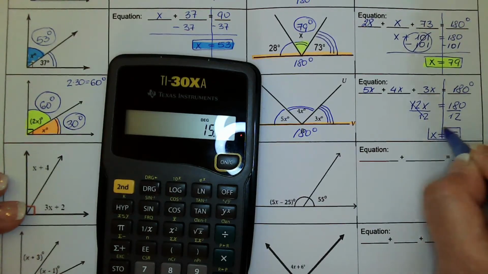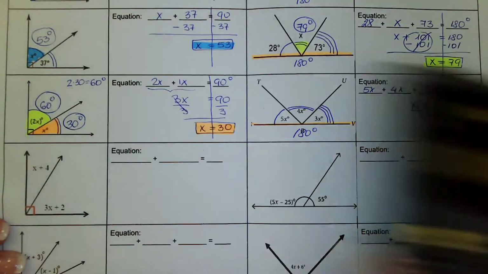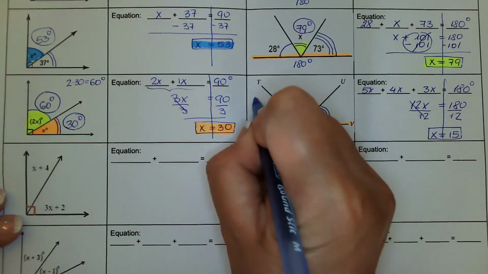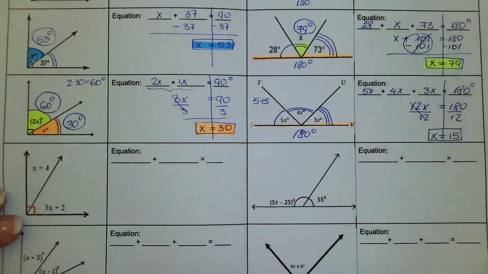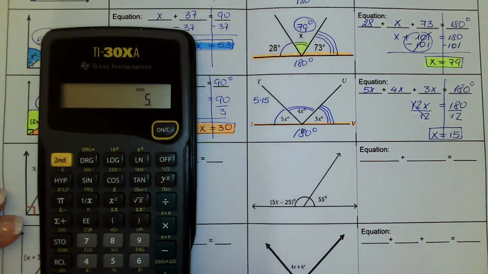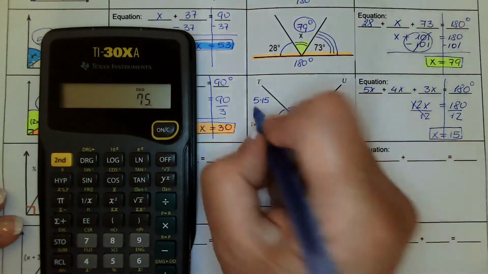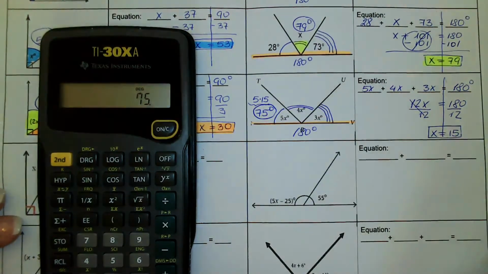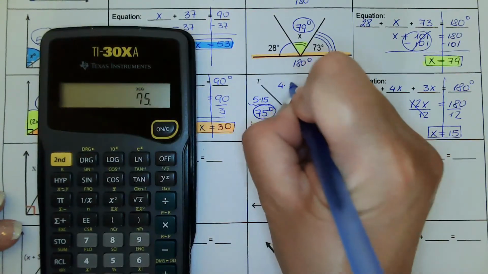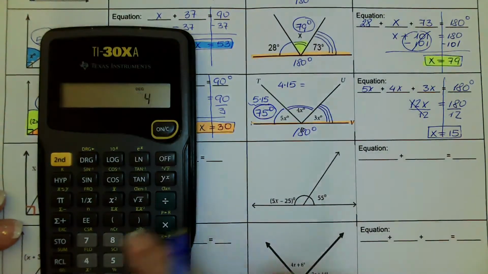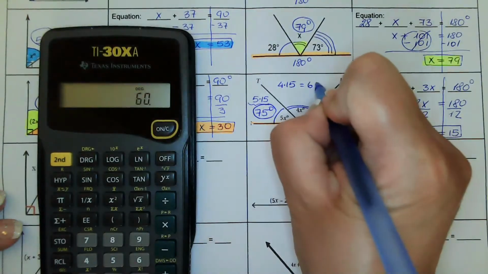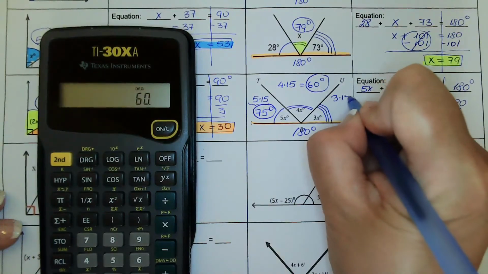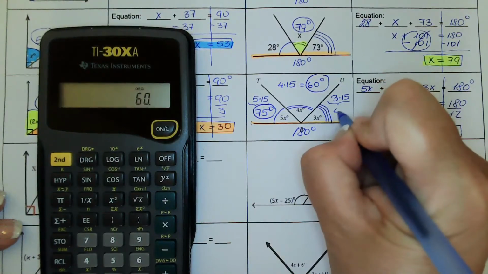So 15 is just the x value, it's not the angle measure yet. This one is 5x, so in other words, it's 5 times 15, 75. This one is 4x, so 4 times 15, 60. This one is 3x, so 3 times 15, 45.